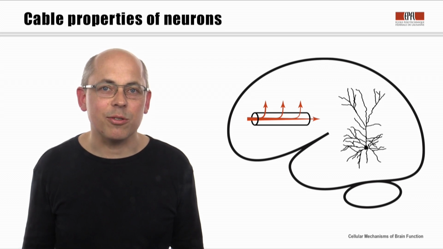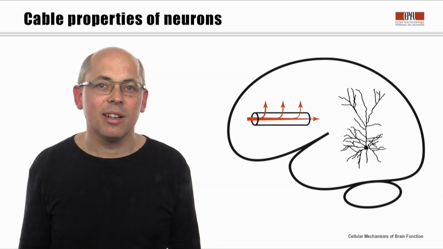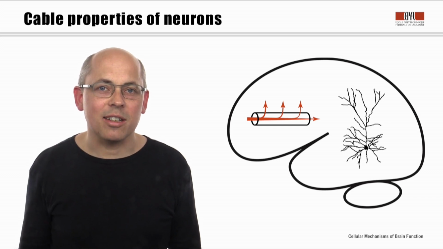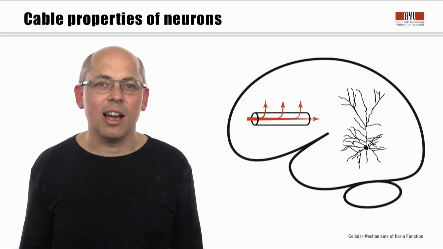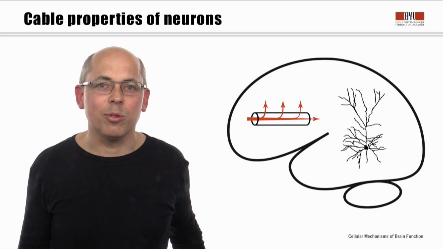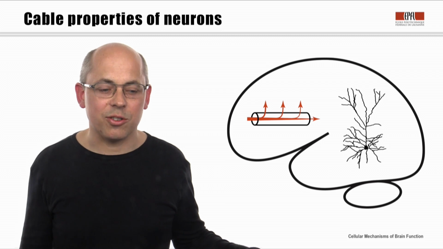A membrane potential change that occurs rapidly at a distal part of a neuronal arborization may have very little impact upon the cell soma. In order to get a better feel for how this works, let's have a look at some example neurons and how membrane potential varies across the neuronal arborization.